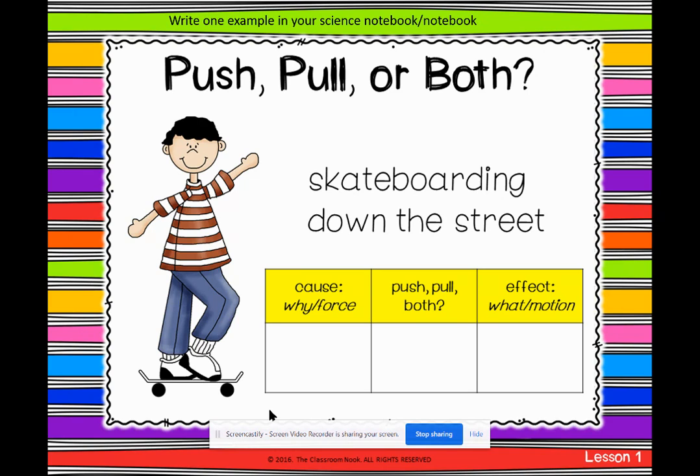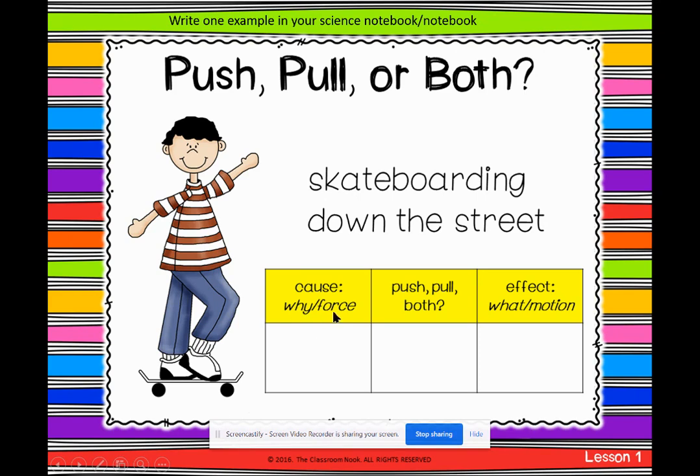So what is this picture of? Well, this is a picture of a boy on a skateboard, and it looks like he's trying to get moving, get started, right? Trying to get some motion going. So what is going on right here in the picture?